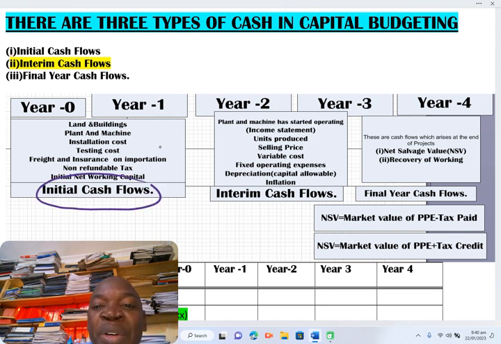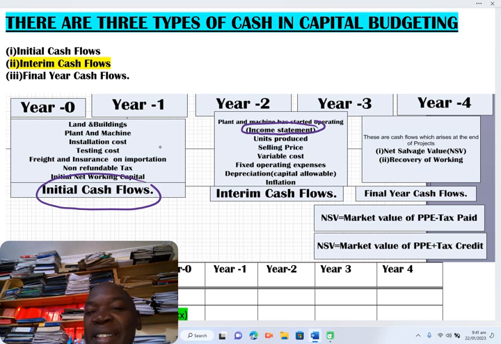Number two is interim cash flow. Interim cash flow are the cash flow which arise when the project has started generating, producing products, and earning. So there is operation within the project. This cash flow may result in the preparation of an income statement. So you must estimate the number of units produced during the operation, and how much is the selling price per unit.